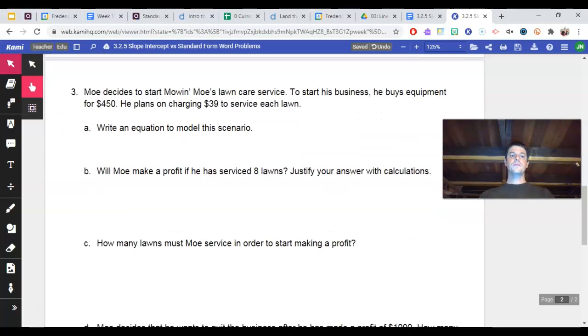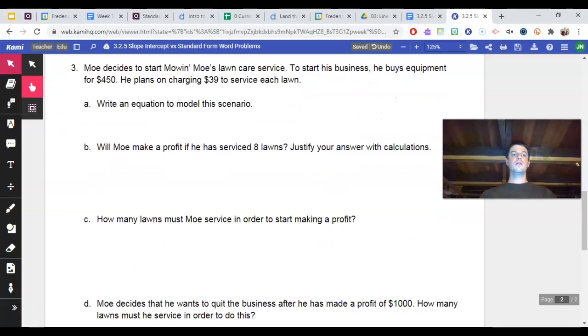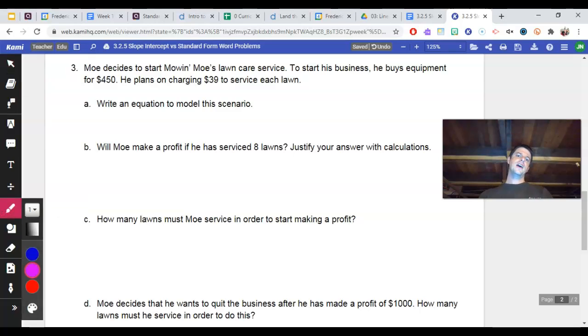Moving on down, Mo decides to start Mo and Mo's lawn care service. To start his business, he buys equipment for $450 and he plans on charging $39 to service each lawn. Notice that keyword each there is suggesting that this is going to be a slope-intercept, but let's dive in and make sure it is. We're starting with 450, actually negative 450, so you need to watch out for that when you're doing this problem.